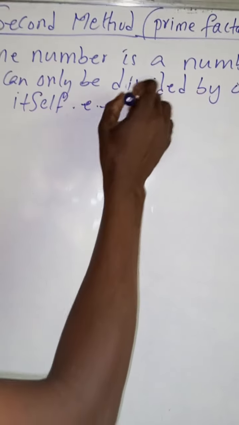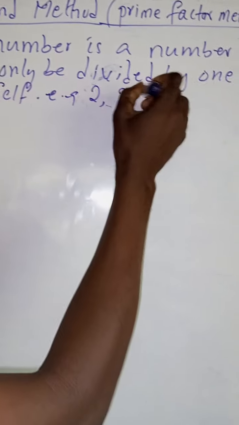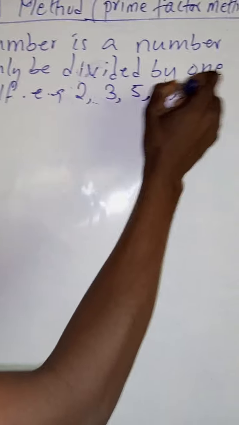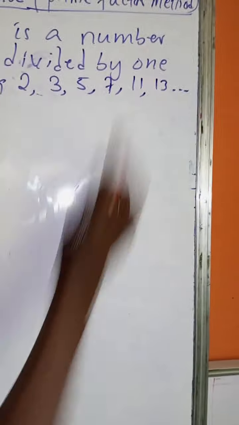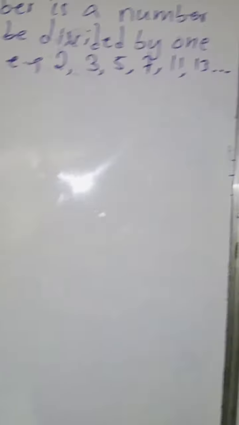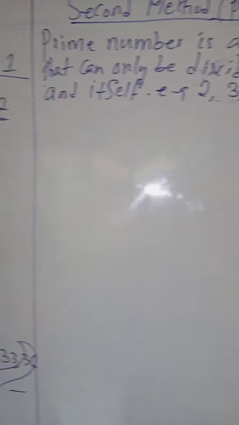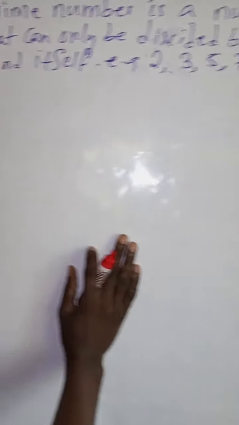No. So we have 2, 3, 5, 7, 11, 13, and like that. So these are the prime numbers that we are going to use to solve this method. Later, when we get to HCF, I'll teach you prime factors.